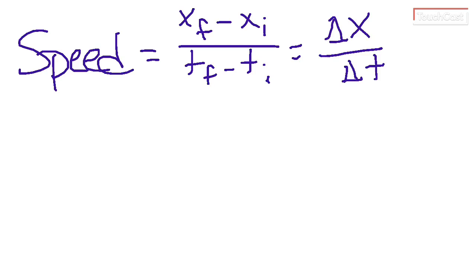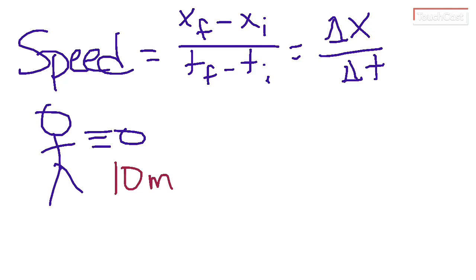Okay, and so let's do a real quick example here where, let's say we throw a ball, and that ball travels 10 meters in 4 seconds. Okay, and so we need to solve how fast it was thrown, and so it's speed.